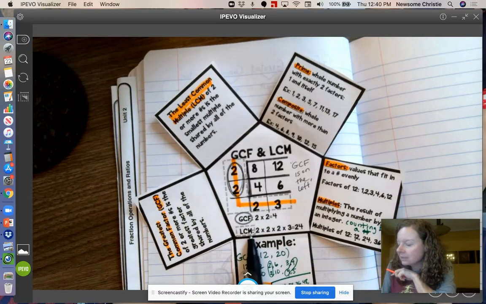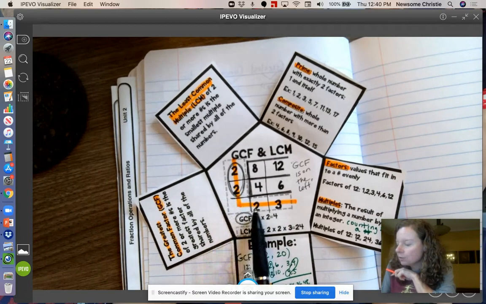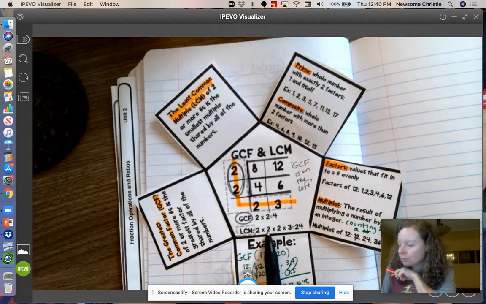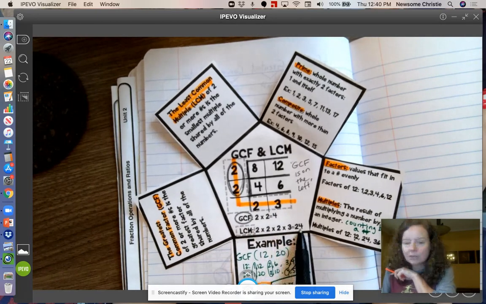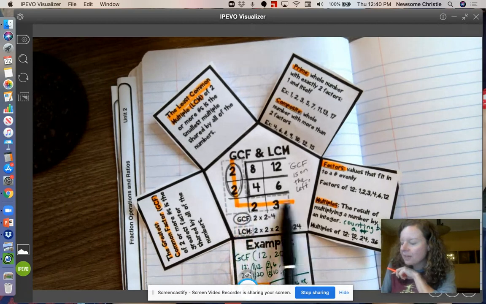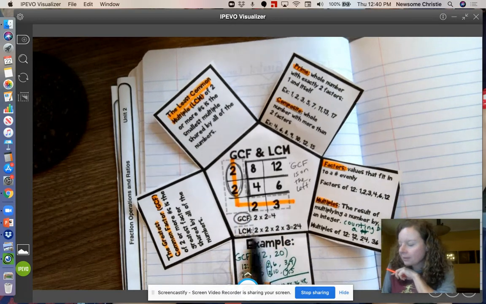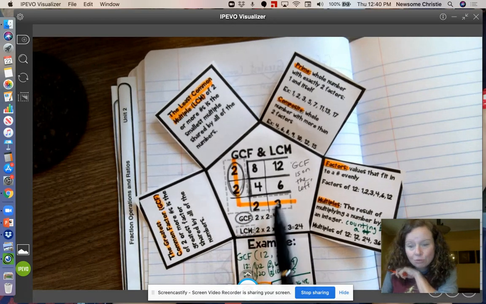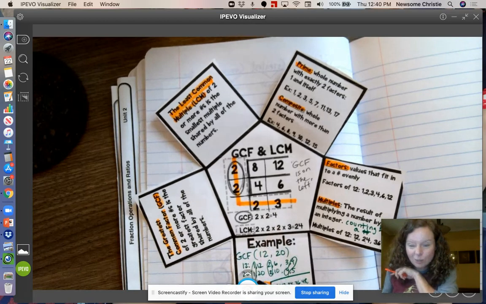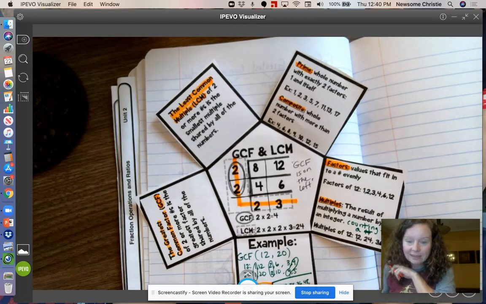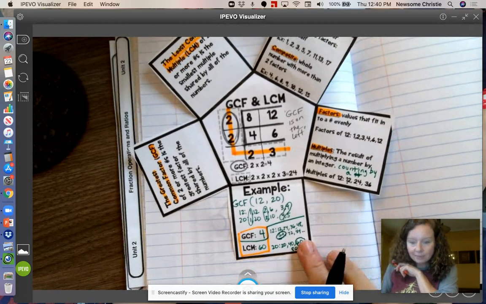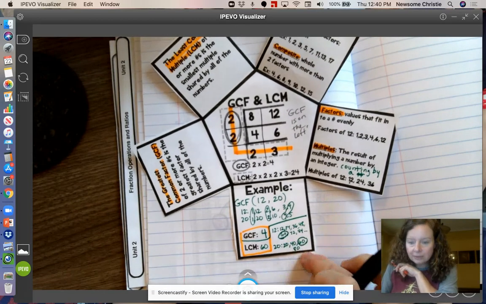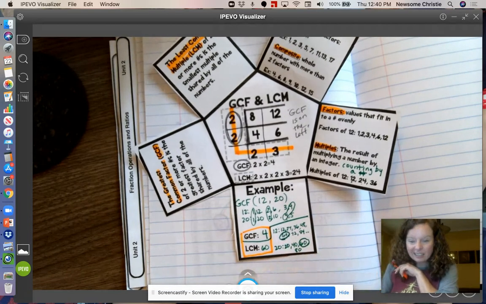But the LCM is 2 times 2 times 2 times 3. 2 times 2 is 4, 4 times 2 is 8, 8 times 3 is 24. So the L shape is our LCM answer. So if you do the grid, you get 2 answers at once, which is very efficient and kind of cool. Whereas if you do the list method, you have to do 2 separate lists of 2 separate things, and that can sometimes take longer.